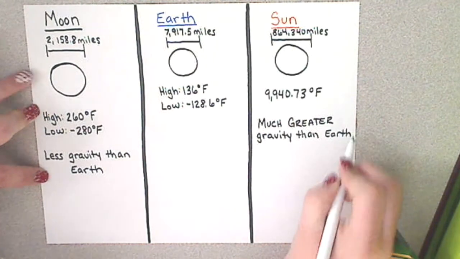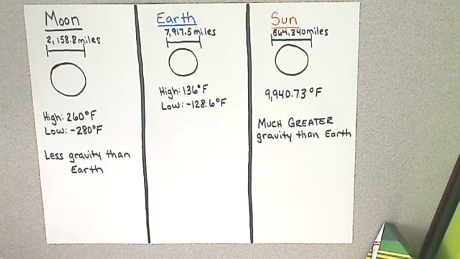Now, let's think about this. If you remember back in 3rd and 4th grade, when you were learning about gravity, we learned that the amount of gravity on a planet or on a star or in between something is based off of the size of that celestial body. Remember, celestial means it's something out in space, it's in the sky, and body meaning a planet, a moon, a meteor, a comet, a star.